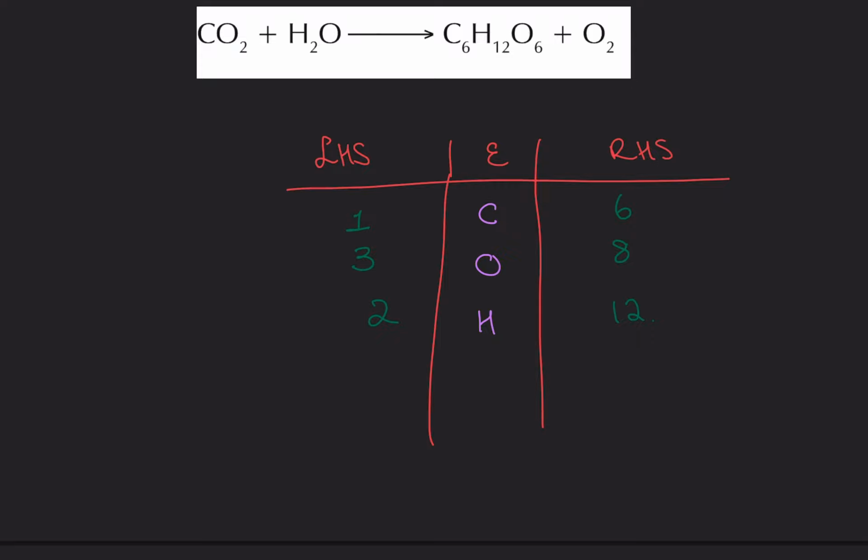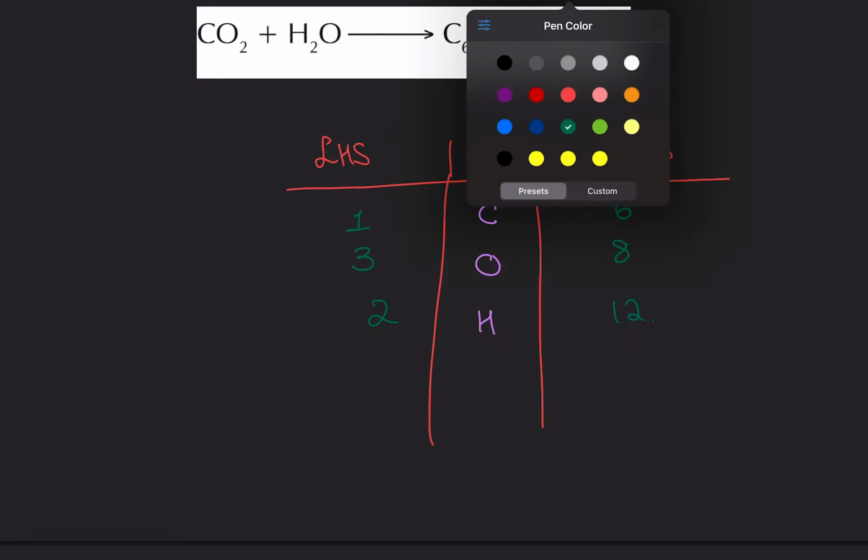Usually when we work with balancing equations, we leave oxygen and hydrogen last. That's usually because there's a water or an oxygen molecule within the reaction, and they're the easiest things to help balance the equation, so we can leave them to last. So we're going to focus on the carbon.